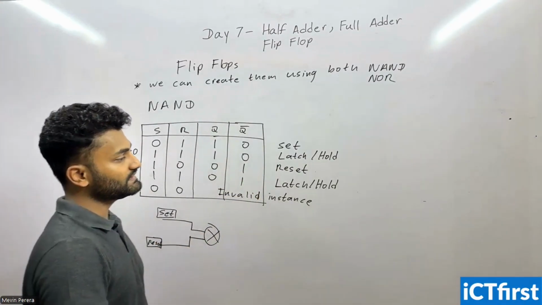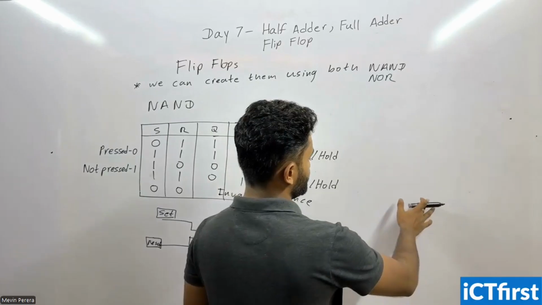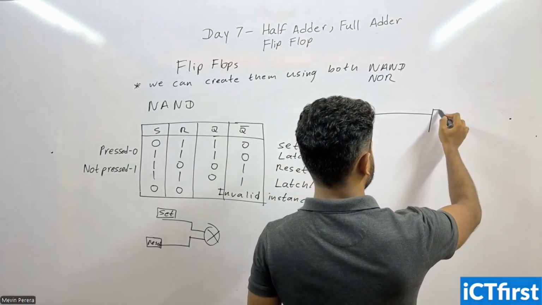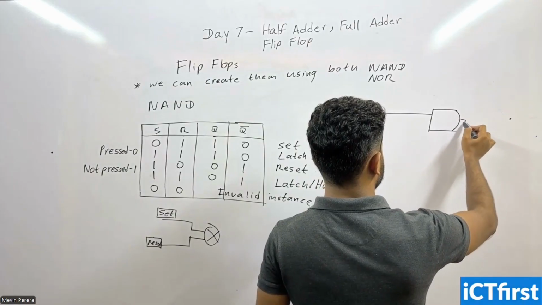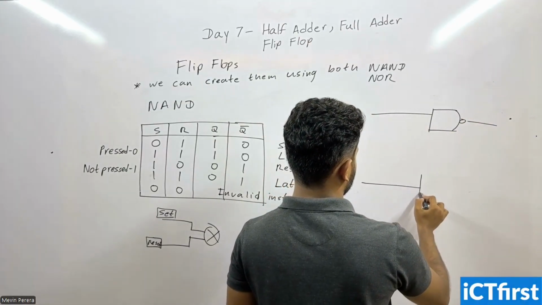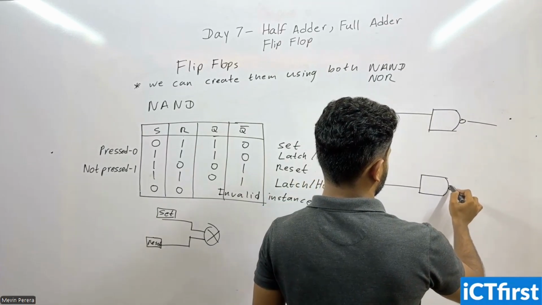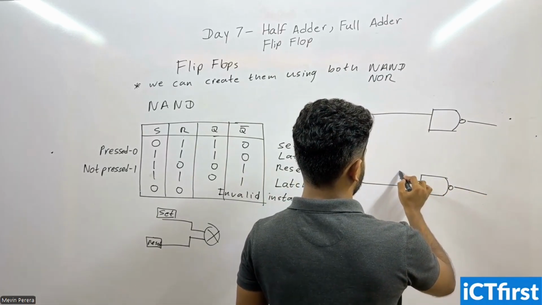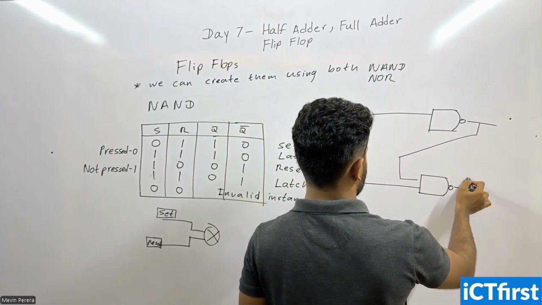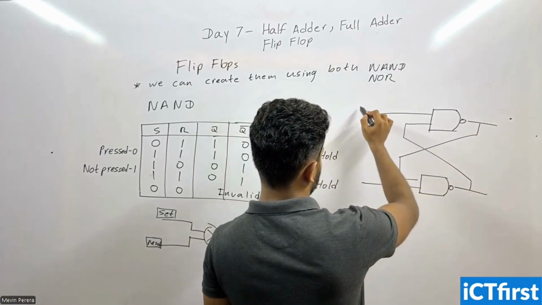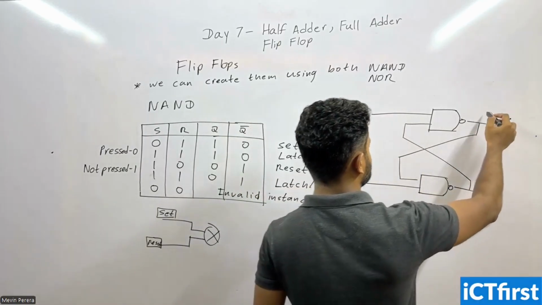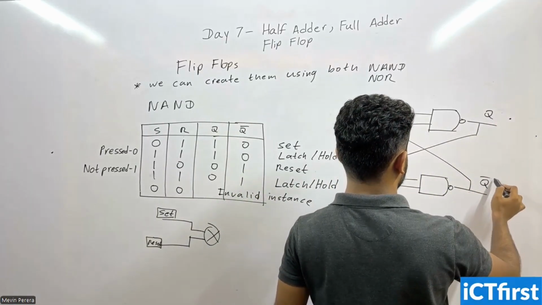Now, if you are drawing the flip-flop, the gate for this one, we are using NAND gates. Then this is called SR. So S is on top and R is on the bottom, and this is Q and Q bar.